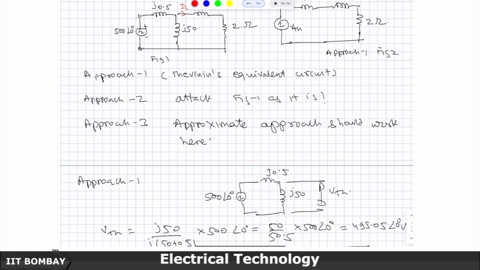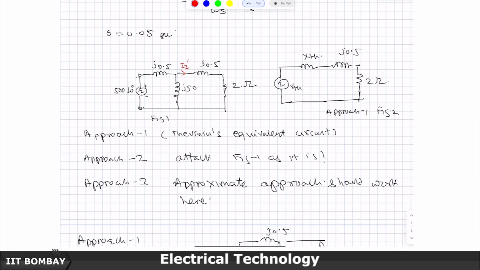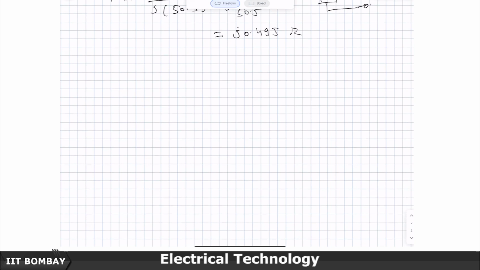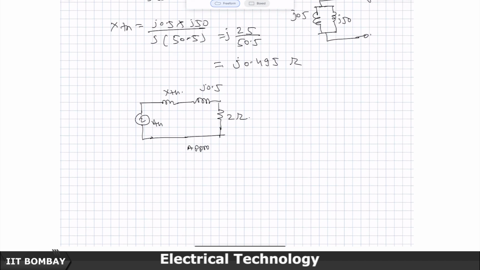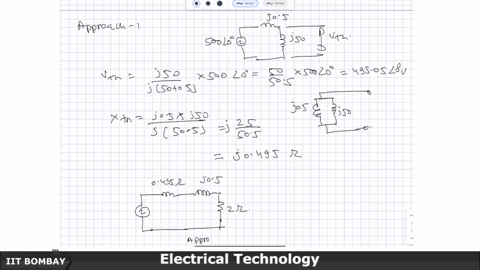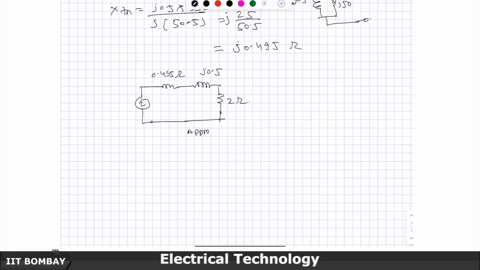So, I have now simplified this circuit, right. I have this Thevenin's approach pasted here. This is 0.495 ohms and this is 495.05 angle 0 volts.